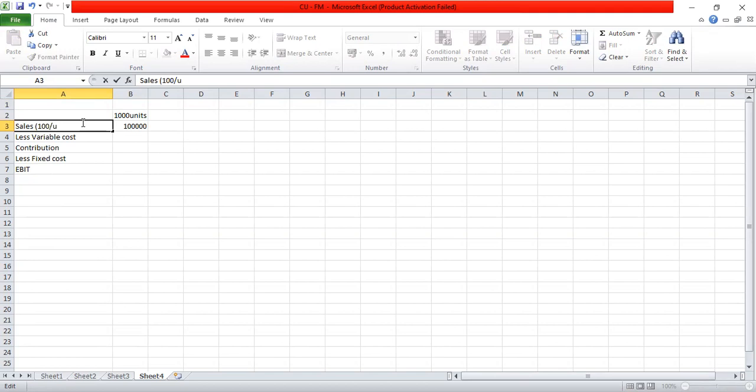That's how we get 2 zeros and 3 zeros, 5 zeros. Done. So variable cost, let's put it at 50 per unit. So how much would this be? This would be 50,000. So how much is contribution? Contribution would be 100,000 minus 50,000, which is 50,000.